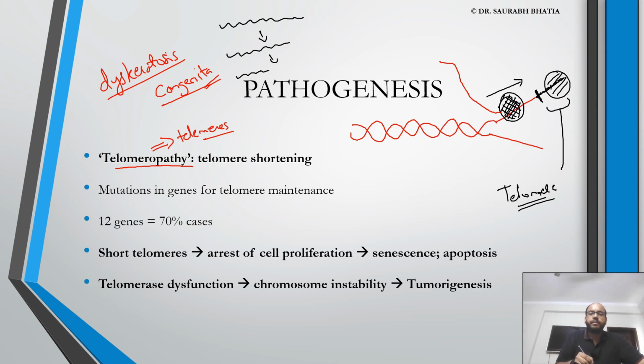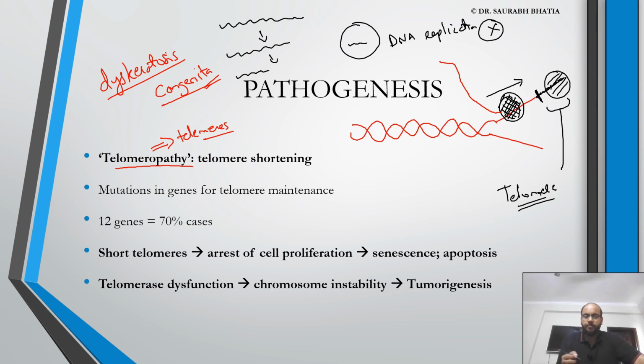So if the telomere gets shortened to a certain extent, let's say only this much is left, the replisome will not be able to attach itself completely, and the cell will not divide because DNA will not be replicated. So DNA replication stops, and the cell will undergo senescence or apoptosis.